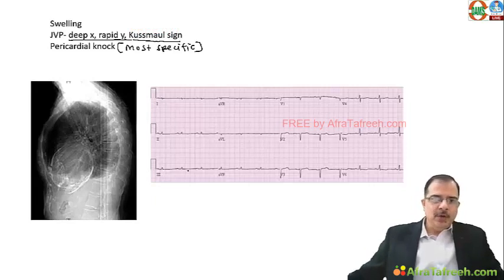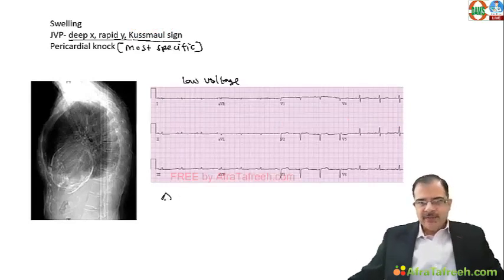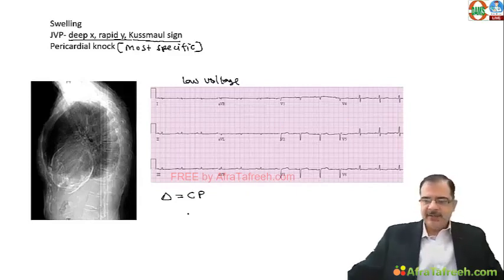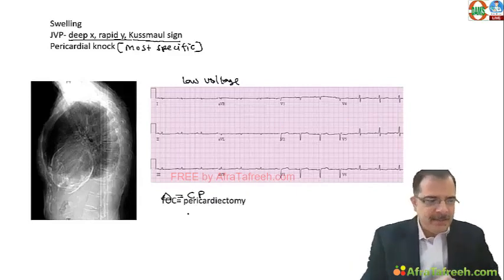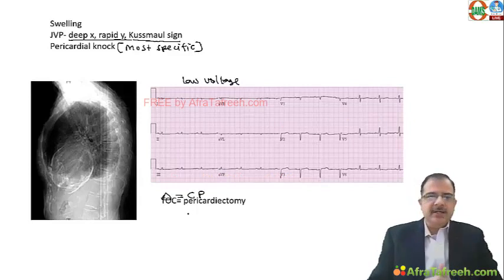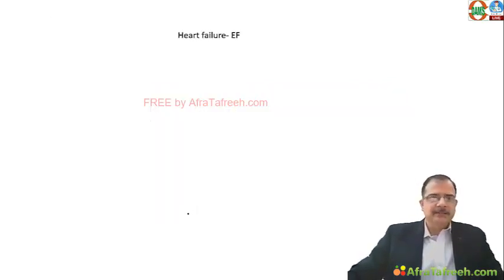The ECG shows low voltage complexes. The diagnosis with these keywords comes out to be constrictive pericarditis, and the treatment of choice is pericardiectomy, surgical removal of the pericardial layers.